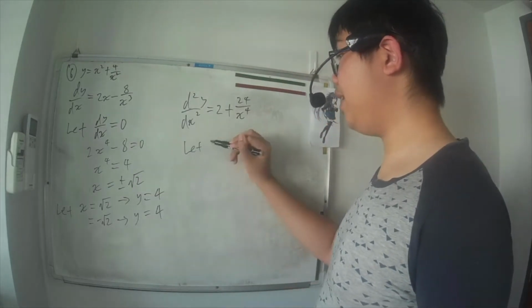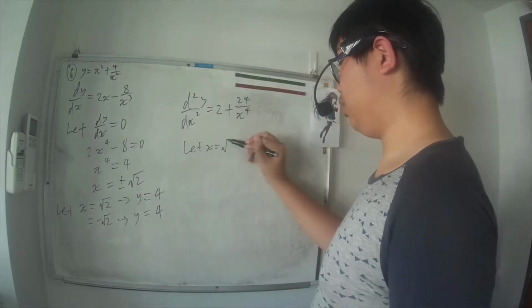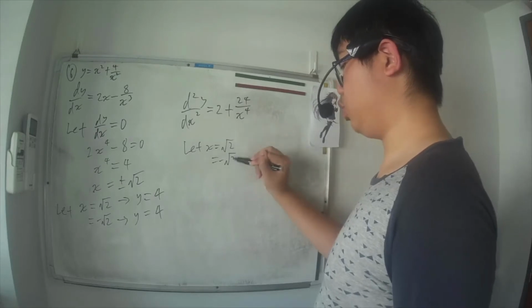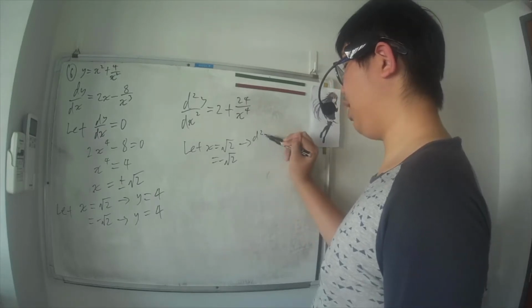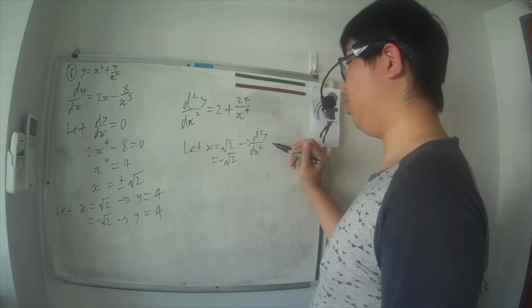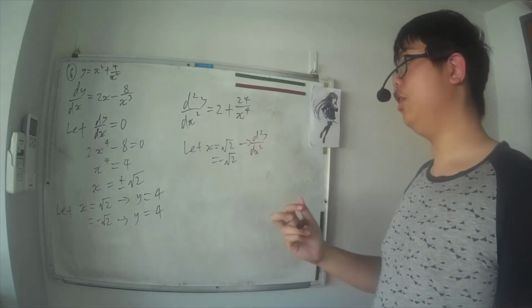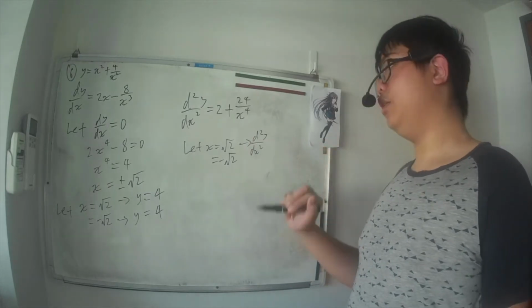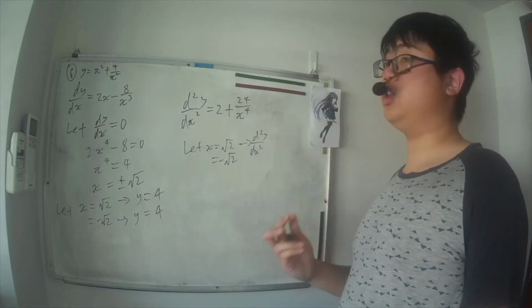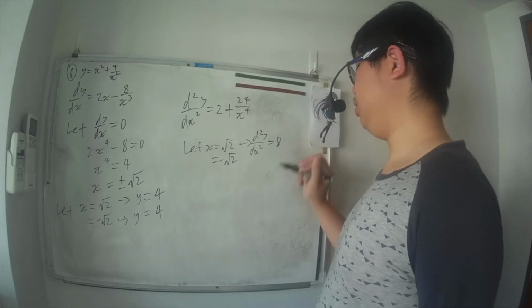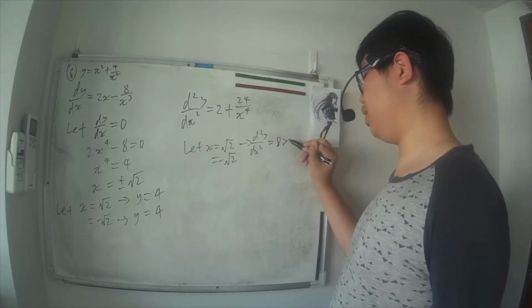So let x equal to square root of 2 and negative square root 2. The second derivative d²y/dx², what is it equal to? So if I put it in here, this is going to become 2 plus 24 over 4, which is 2 plus 6, which is 8, which is still more than 0.